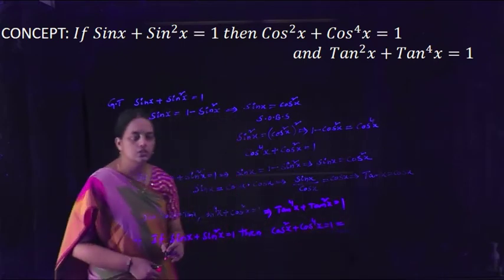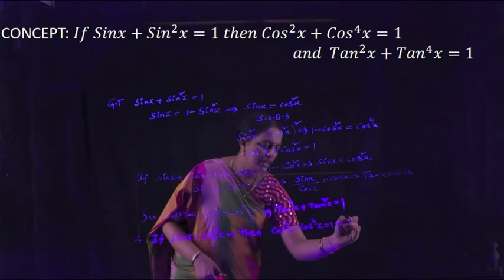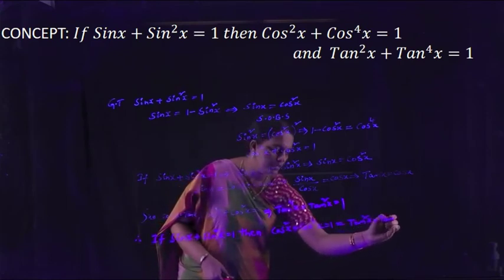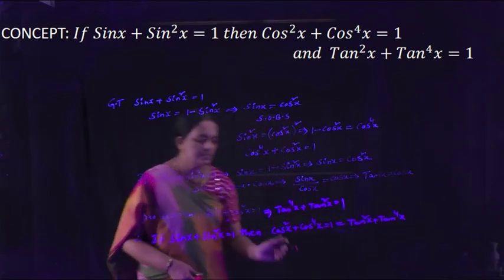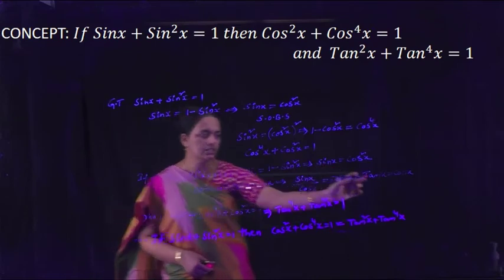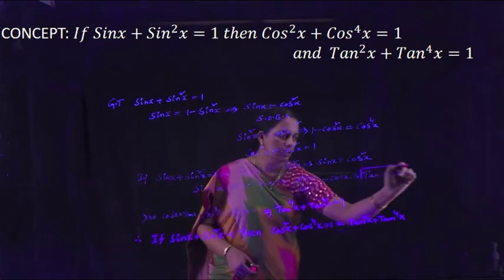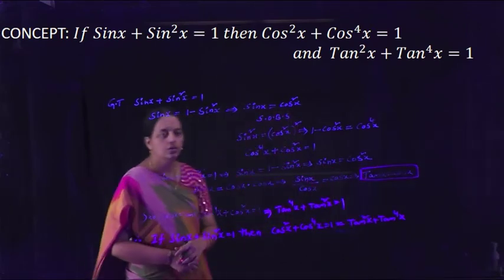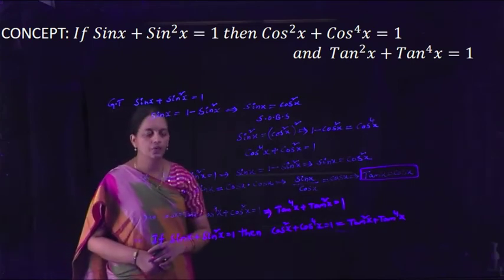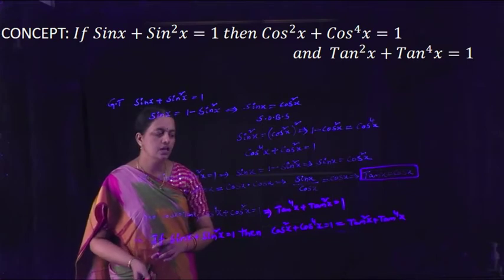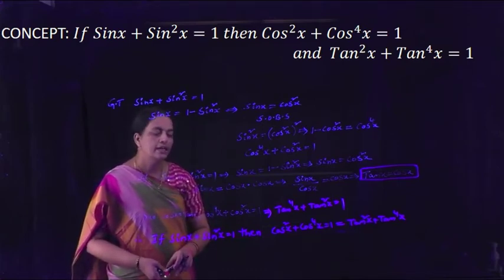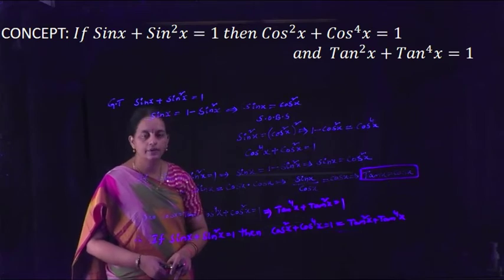That is also equal to tan square x plus tan power 4x, since tan x is equal to cos x. Hence, if sin x plus sin square x is equal to 1, then cos square x plus cos power 4x is equal to 1. That is also equal to tan square x plus tan power 4x.